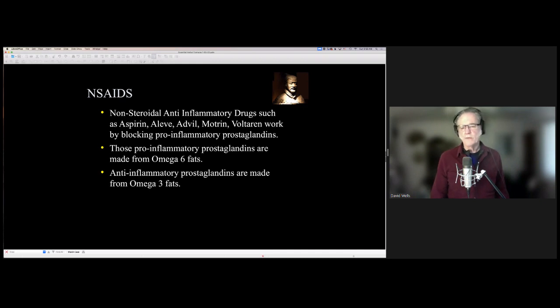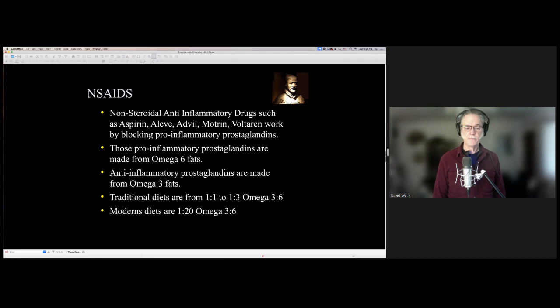So where do we get prostaglandins? The pro-inflammatory prostaglandins are made from omega-6 fats in the diet. The anti-inflammatory prostaglandins are made from omega-3 fats in the diet.